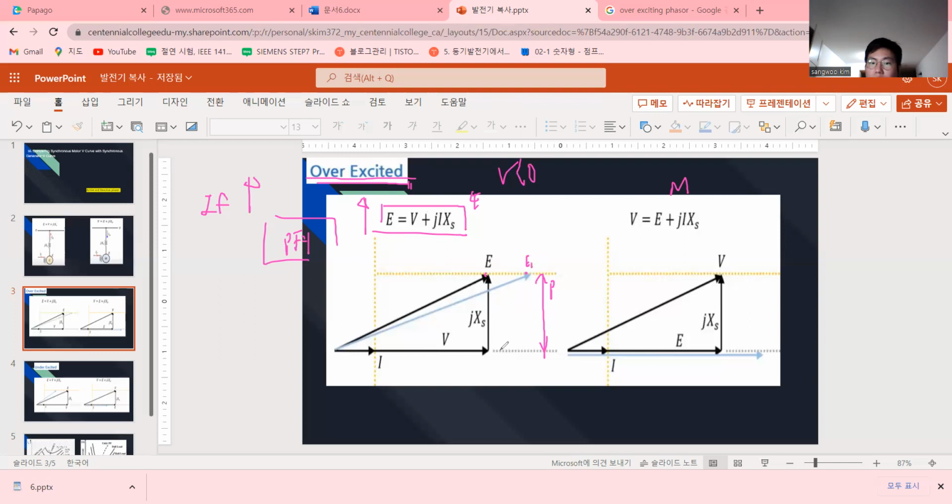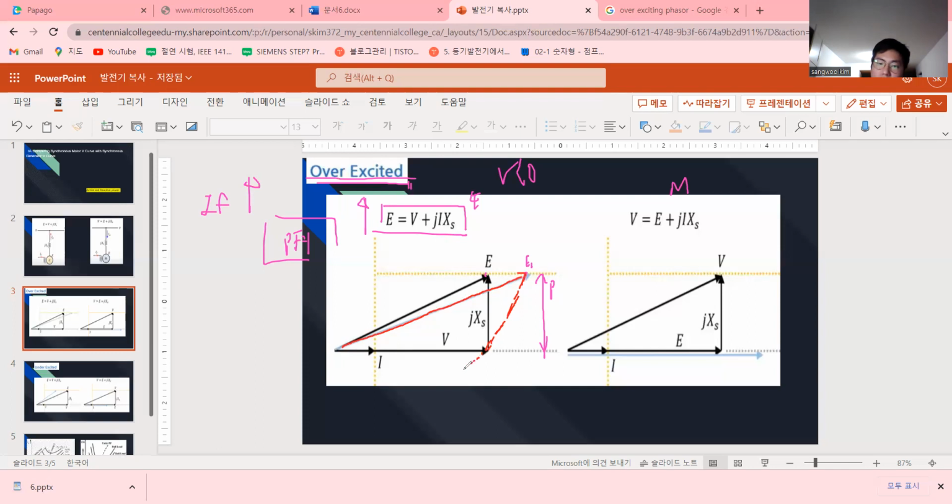So V is the same, right? Now we want to find out I. The first time, I was here, but look at that. If we overexcite, what happens to the current? Here jXs is at 90 degrees.